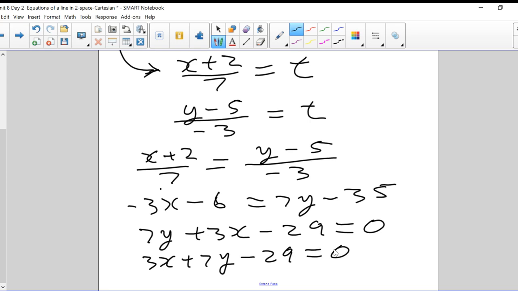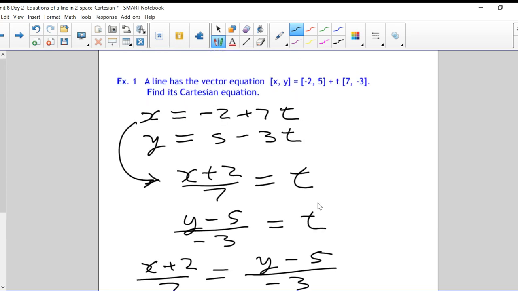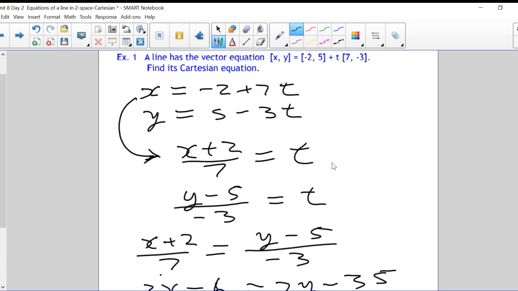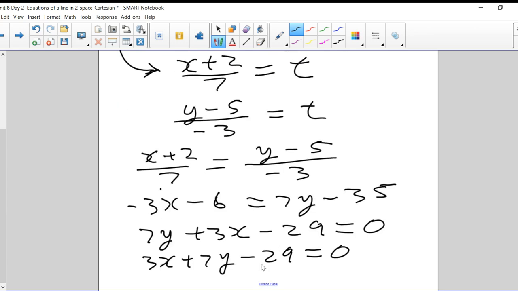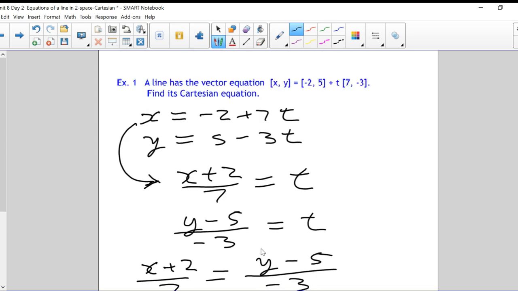Now, it would not have mattered if I had chosen a different point on this line. I would still end up with the same Cartesian equation, the same standard form of the equation. Now, I want you to notice something. Look at the 7 and the minus 3.